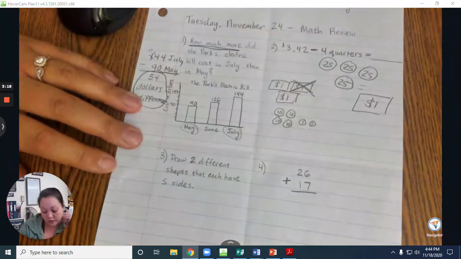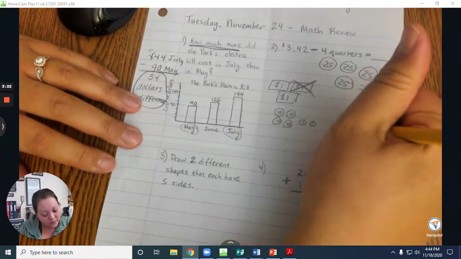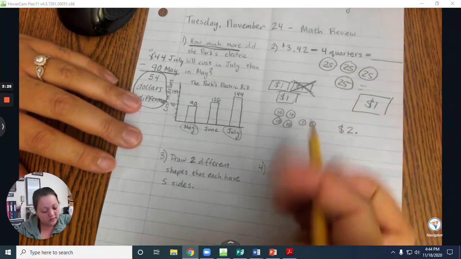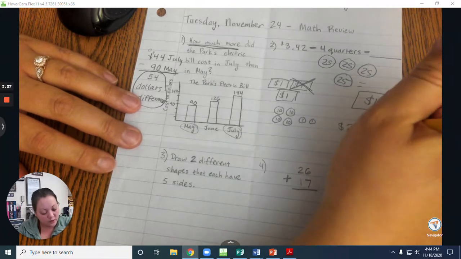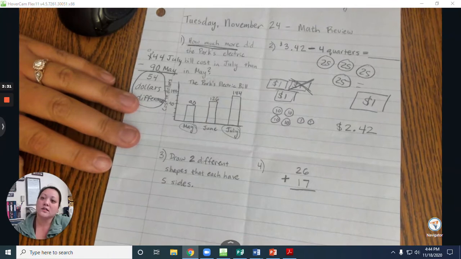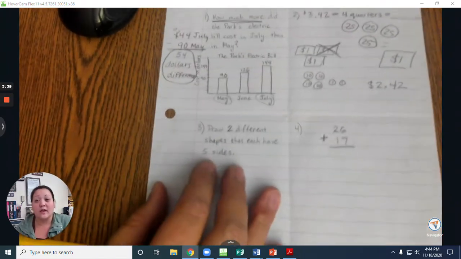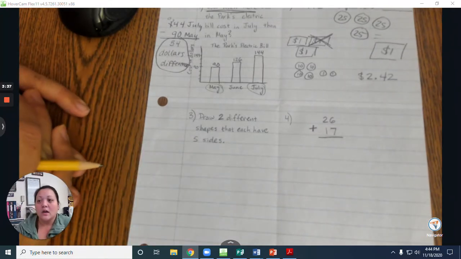Okay, so there that dollar goes, 4 quarters. I will have left a dollar, so that's $2. 10, 10, 10, 10, that's 40 cents and 2 pennies. So I solved this using a drawing, which is another way you could solve this. Maybe you did it differently, and that's totally fine.